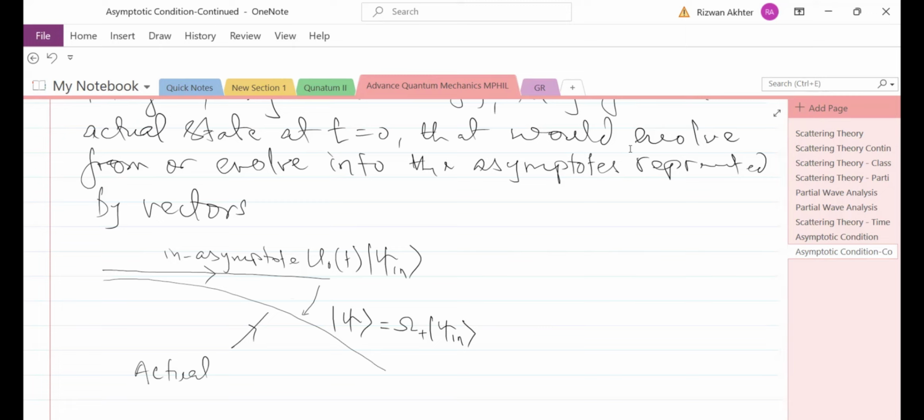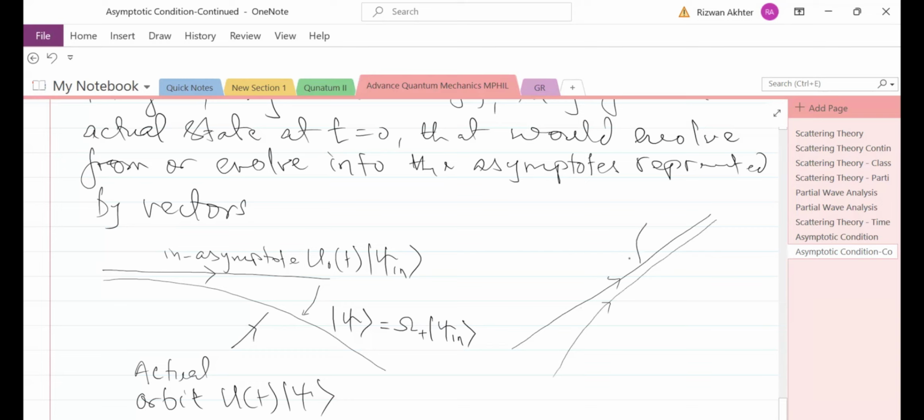So this is the actual orbit, which is in fact u of t into psi. And then we could also talk about the out asymptote, which evolves into this.